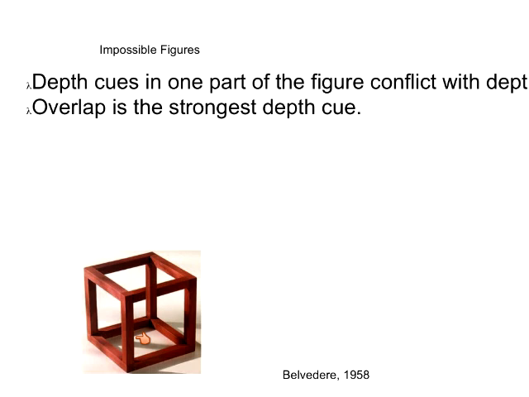So what's wrong with the impossible cube is that the depth cue in this part of the figure, and it's the strongest depth cue there is, overlapping, tells you that the vertical bar is in front of the horizontal one. And if you follow that vertical bar upward, it tells you that this horizontal bar should be in front of the back one, but we have a very strong depth cue here as well, overlap, which says that no, the vertical bar here is in back of the horizontal.